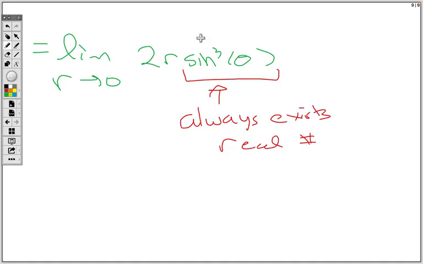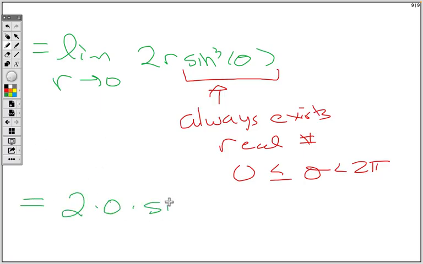So it never gets undefined, regardless of what theta we have. So we can go ahead and treat this as if it were a constant compared to r. And so we can now use substitution on the r. So we'd have 2 times 0 times sine cubed theta, which would be 0.